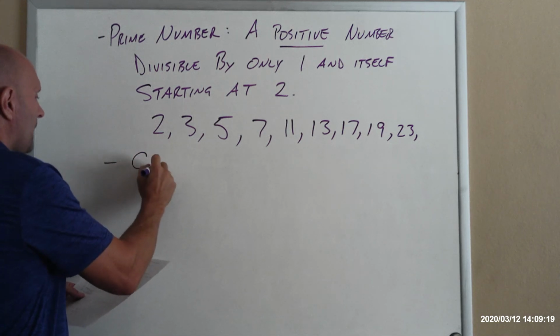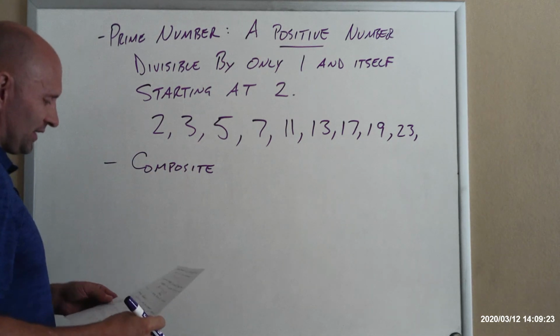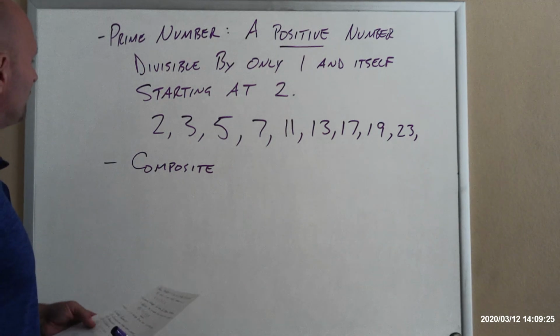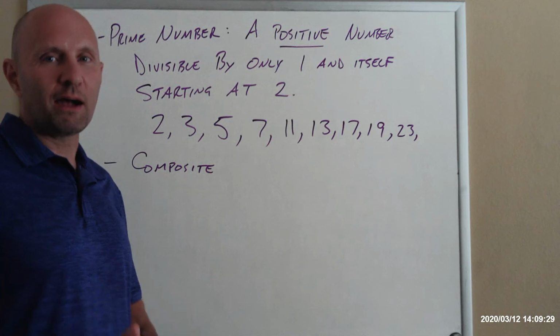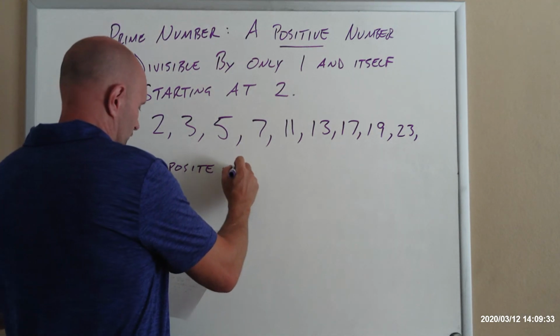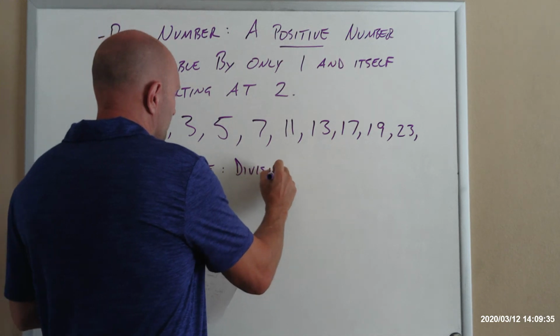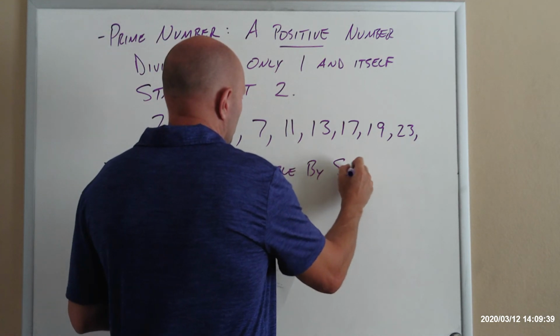We have composite numbers, which is essentially the opposites of these guys. Composite has what word? Composed, composition. It's composed of several numbers, so it's divisible by several numbers.